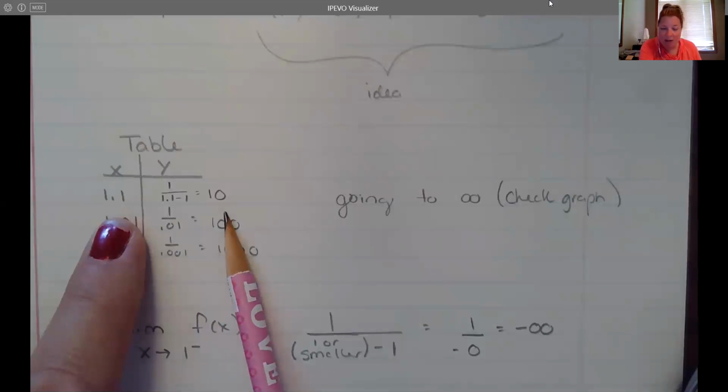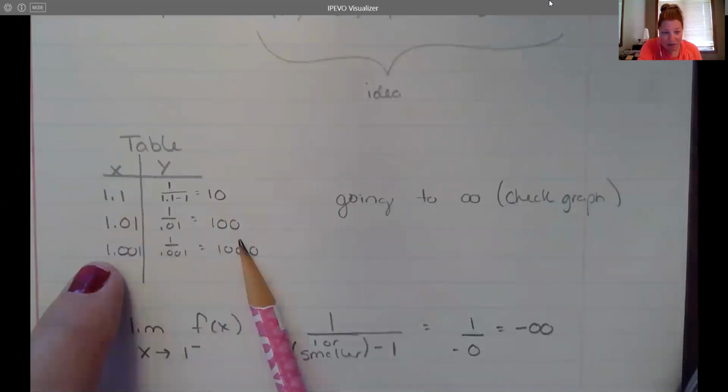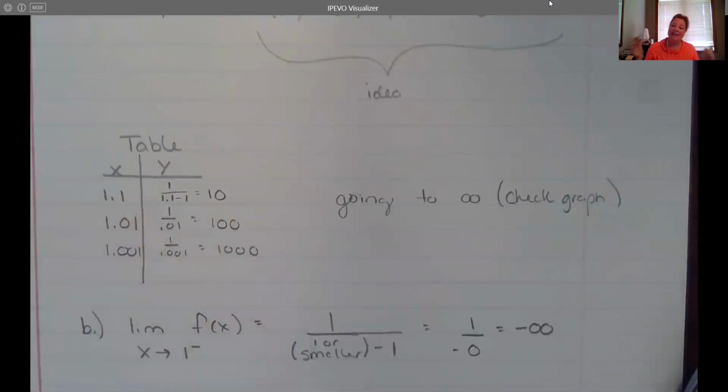Then we're going to get a little closer to 1 from the positive side, 1.01. When we do that one, we're going to get 100. And the next one, we get 1,000. And if you kept going, getting closer and closer to 1, the numbers are getting bigger and they're positive. So it's going to positive infinity.